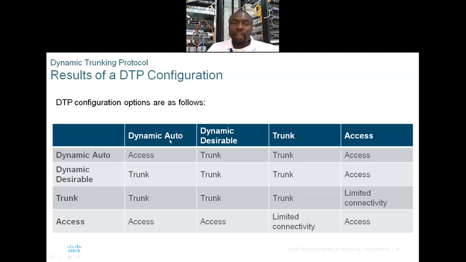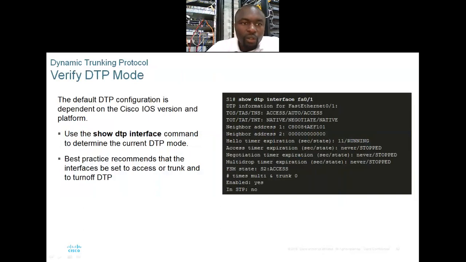If both switches have been configured for dynamic auto, you have access ports. If one switch is configured for dynamic auto and the other one is access, it will give you access. But if one switch is dynamic auto and the other one is either desirable or trunk, you get a trunk. All right. So if you show DTP interface, it's going to give us the status.